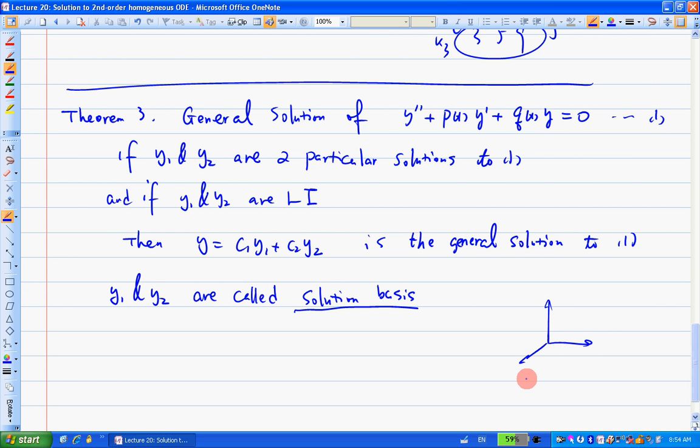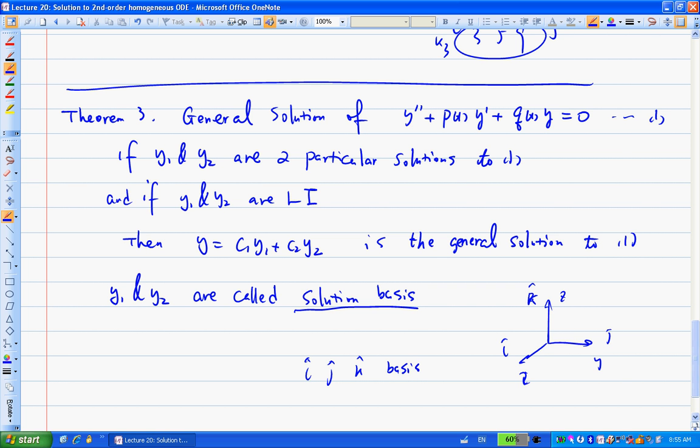When you have a coordinate system x, y, z, these unit vectors i hat, j hat, k hat in the vector space in linear algebra are called the bases.